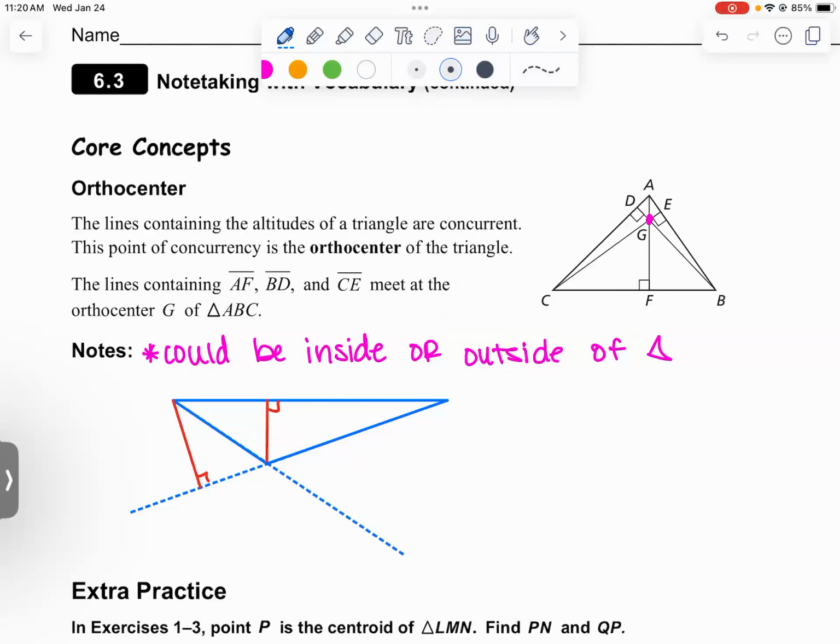I'm also going to extend this side so that I can draw it to here, right? I can't make a 90-degree angle until I'm like there. It makes sense. It has to be a straight line.